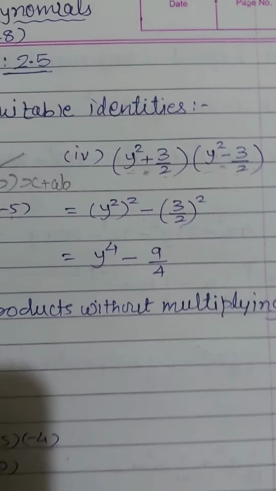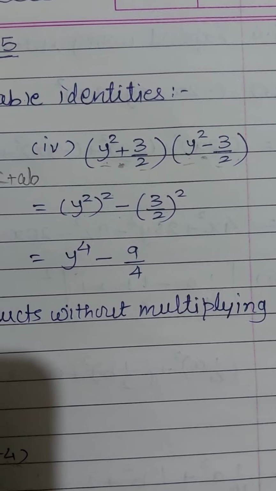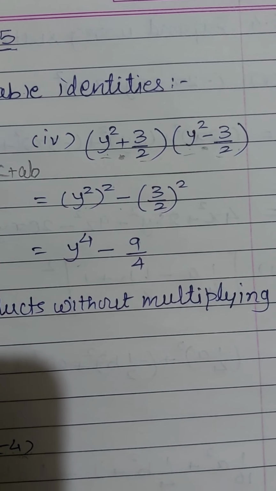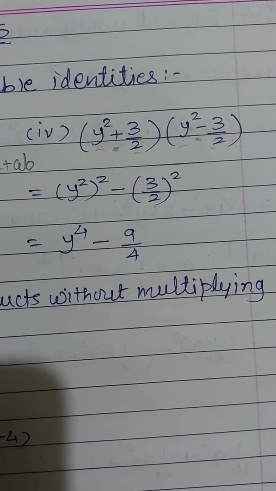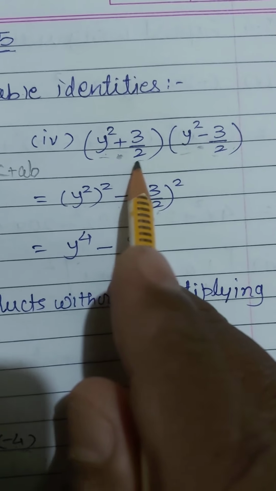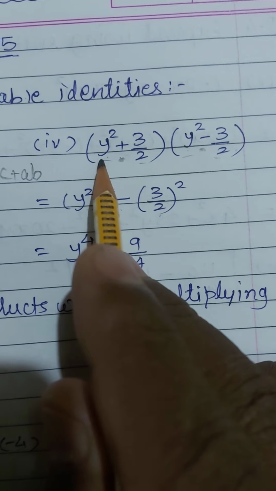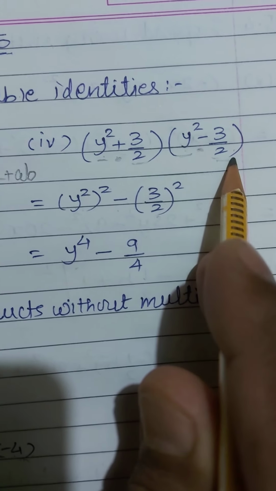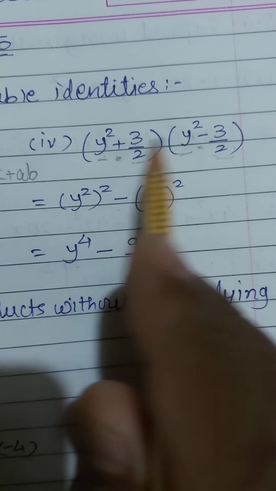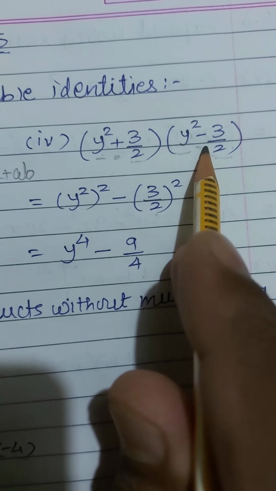Second question, that is the fourth one. (y² + 3/2)(y² − 3/2). Which identity will we utilize here? You can check, y² is same, 3/2 is same. Only the difference is of signs. Here positive sign, here negative sign.